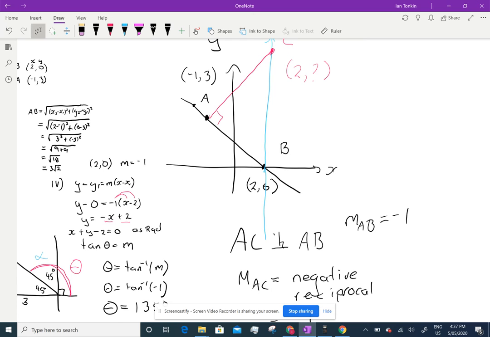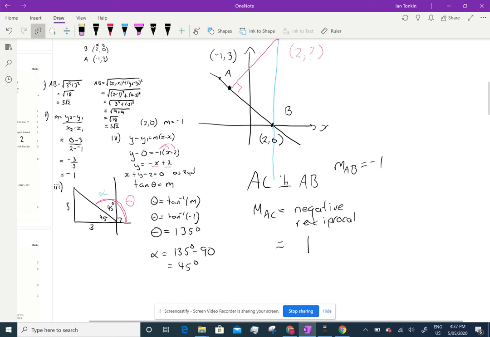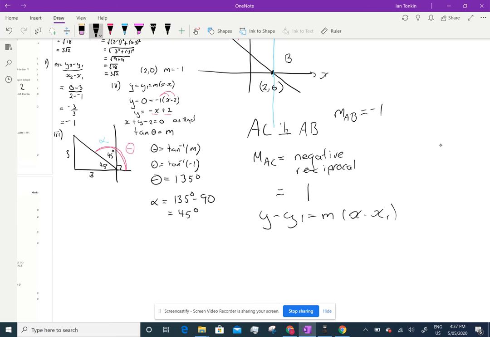Now that I know it's perpendicular, and also that I know it goes through this point, I've got a gradient. So I'm going to use a point gradient formula again. Y minus Y1 equals M outside of X minus X1. I've got M equals 1, and it goes through -1 and 3.